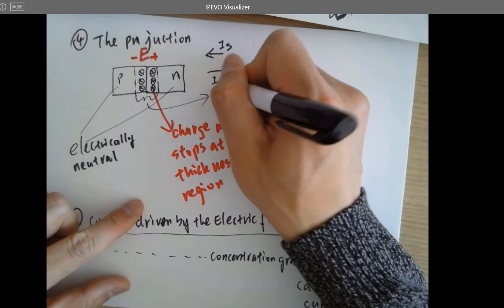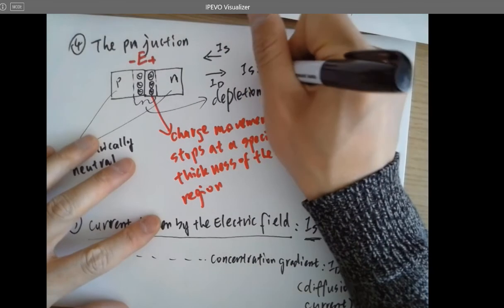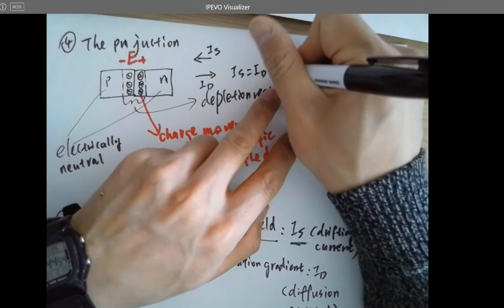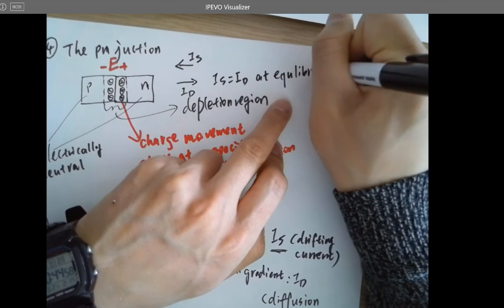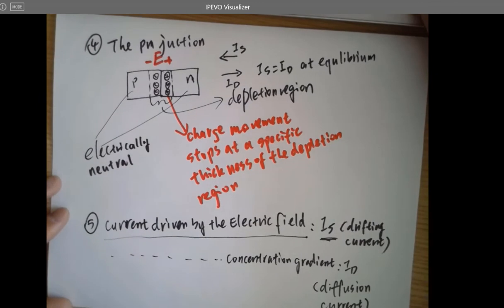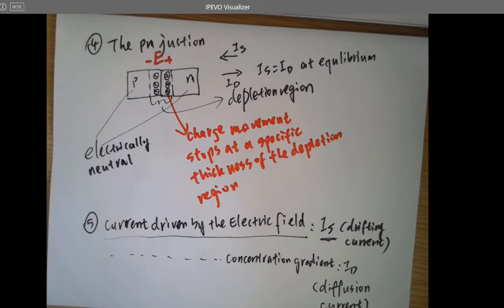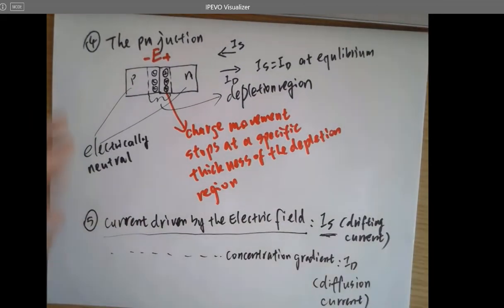So if I have no voltage applied to the diode, IS equals ID at equilibrium. Right, that's everything you need to know.